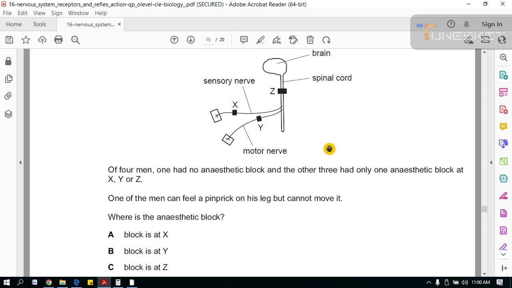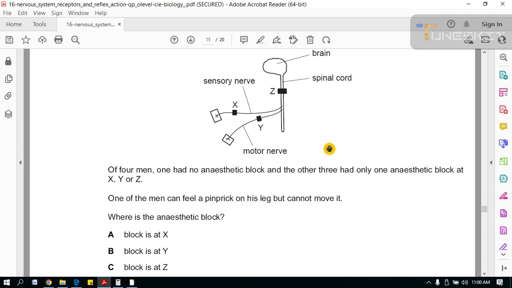At motor nerve. Definitely, if the effector is not properly functioning, it means motor nerve is blocked, right? He has given you a scenario here that the person is feeling a pinprick. If he is feeling that pinprick, it means sensory neurons are functioning properly.